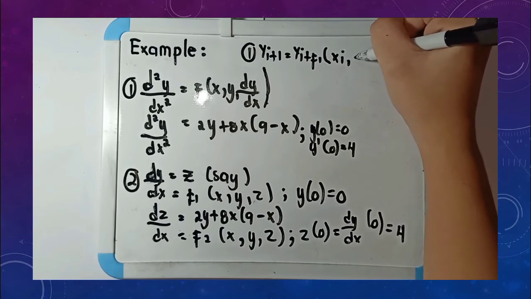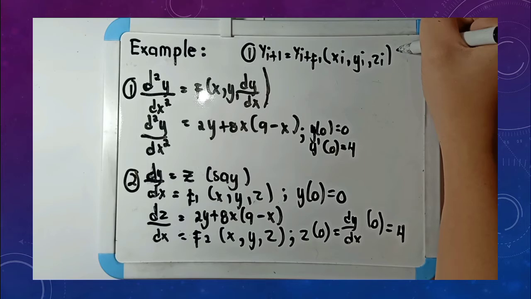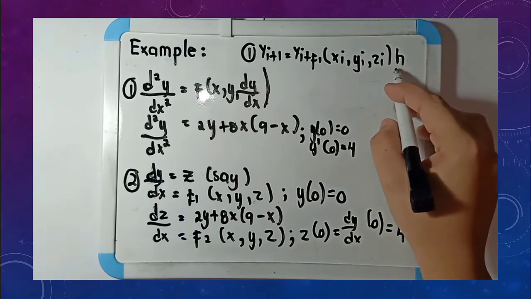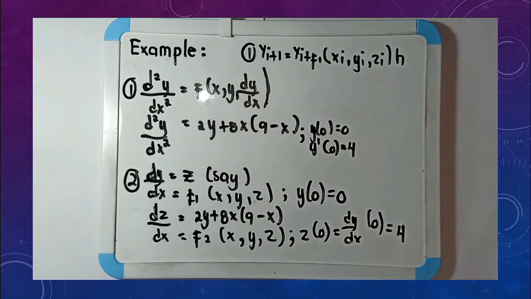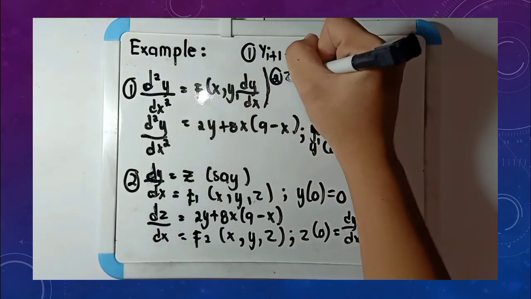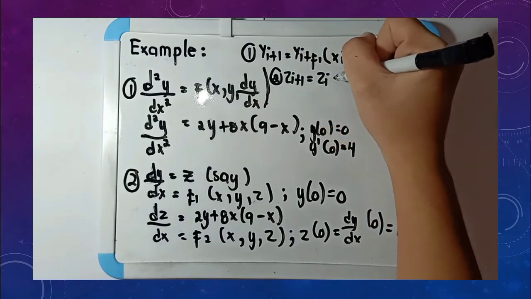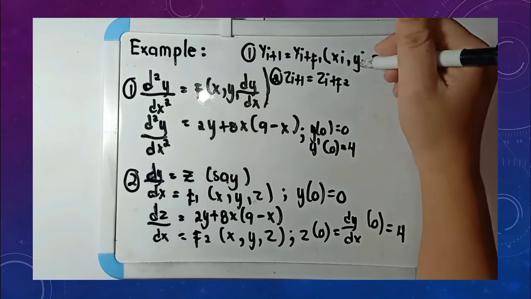In the second case, we get z sub i plus 1, which is equal to z sub i plus the function f sub 2 of x sub i, y sub i, and z sub i times h.